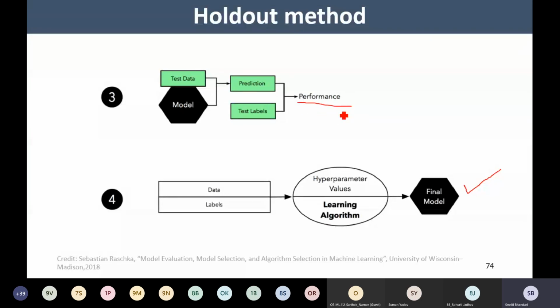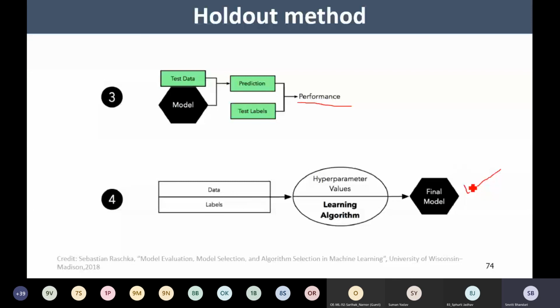Once I'm done with this, in the fourth step, I once again make use of the entire data, train and test. I present all that data to my system and finally I come up with my final model with the same parameters that I have provided, right?